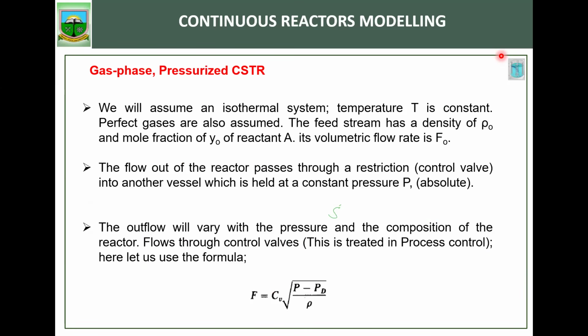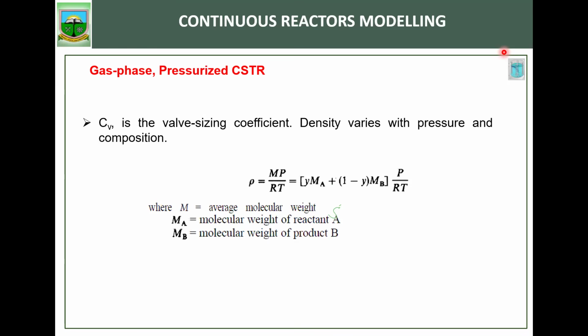So with the knowledge of this, we now have to apply our continuity principle, which is that accumulation is always equal to input minus output. So let's try to find the density, because density also varies in the reactor.